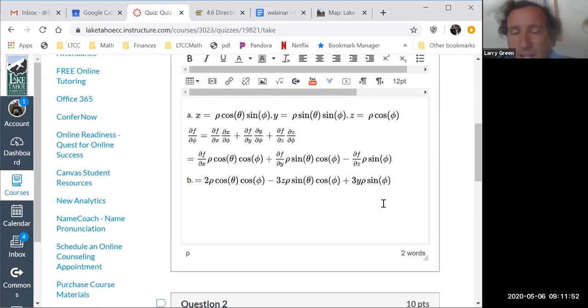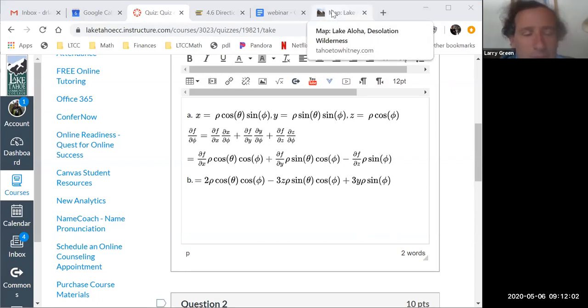Okay, what I want to do now is talk about an issue, and it's something that we've talked about, and we're going to find out what we've talked about isn't enough. What we talked about last time, and the time before, is how to find a partial derivative with respect to each of the variables.